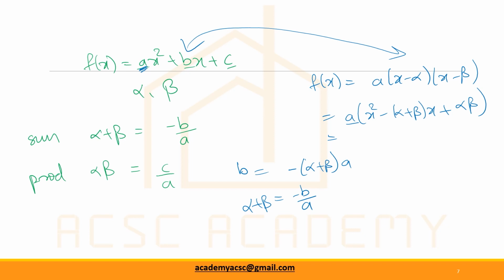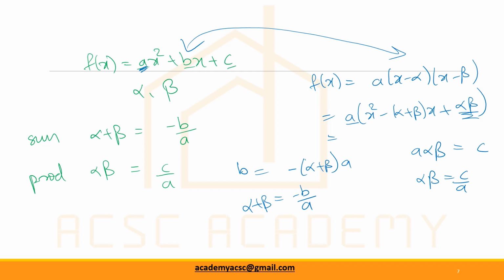And in the same way, here the constant term is a times alpha beta, and there the constant term is simply c. So from here we got alpha beta equal to c by a. So this is how we derive the sum and product of the roots of quadratic equations, and they can be used for solving a lot of problems.